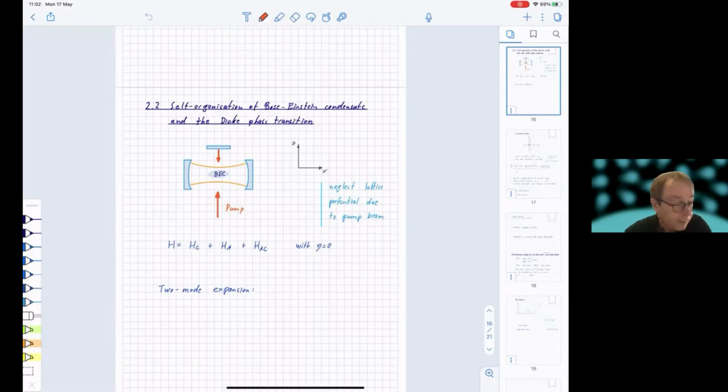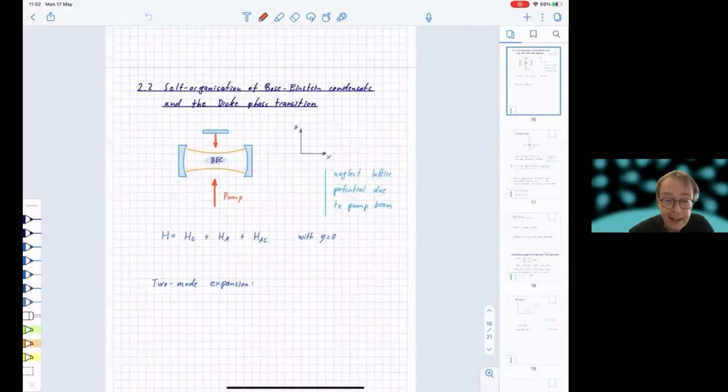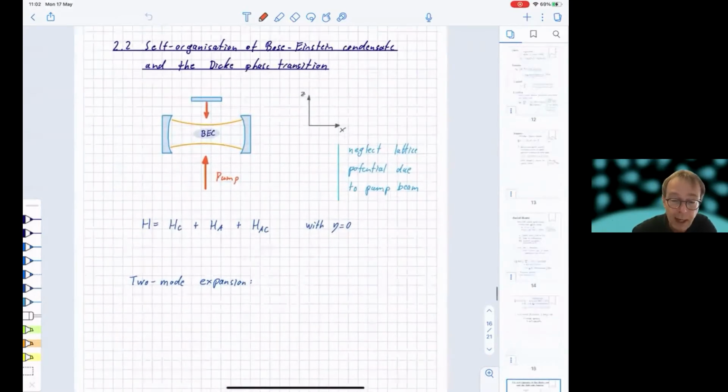Okay, so the setting is the following. Last time we looked at a single atom inside a cavity, and how you have to treat that. And now we will look at a whole ensemble of atoms, and specifically a Bose-Einstein condensate inside a cavity.